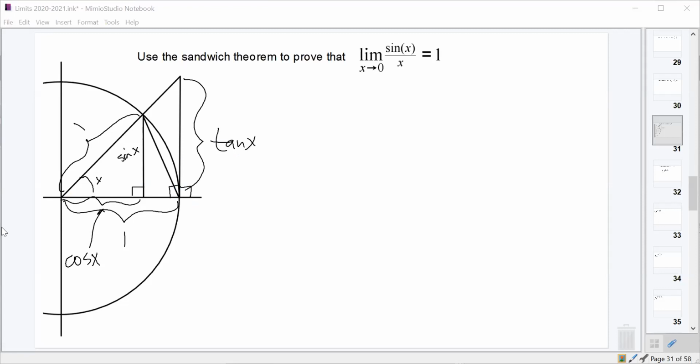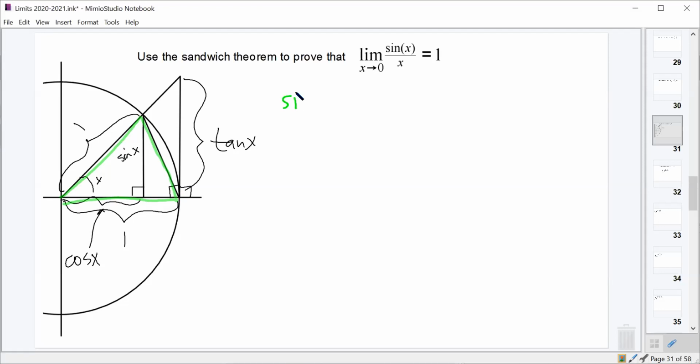So I'm going to highlight 3 different pieces of this picture. We're going to start with this triangle right here. For that triangle, I want to know what its area is. It should be sine x over 2, because the area of a triangle is 1/2 of base, which is 1, times height, which is sine x.